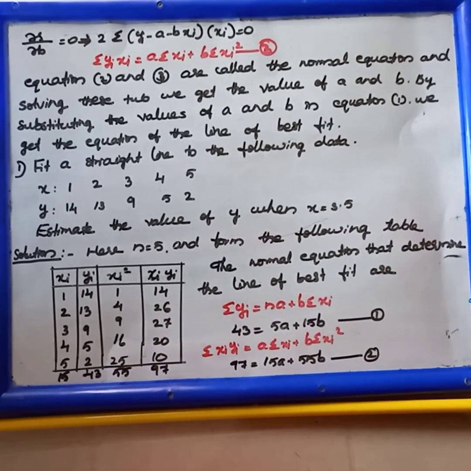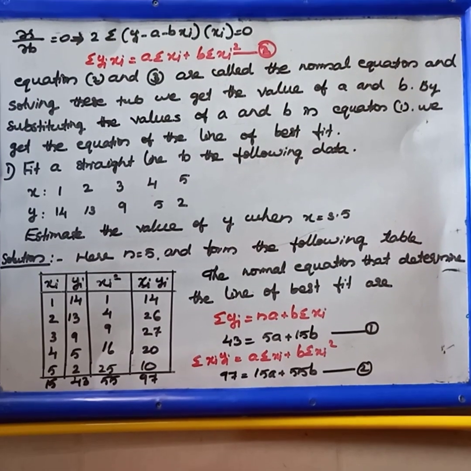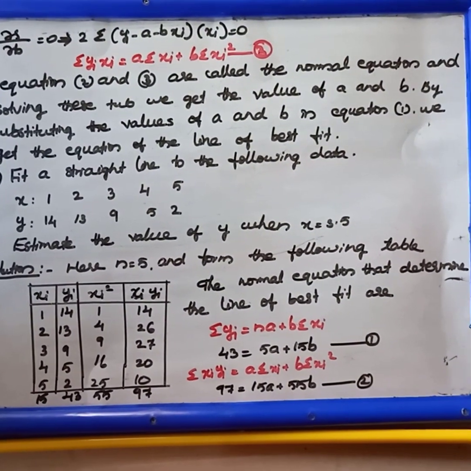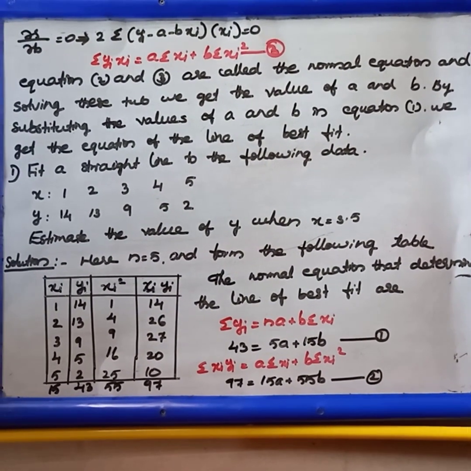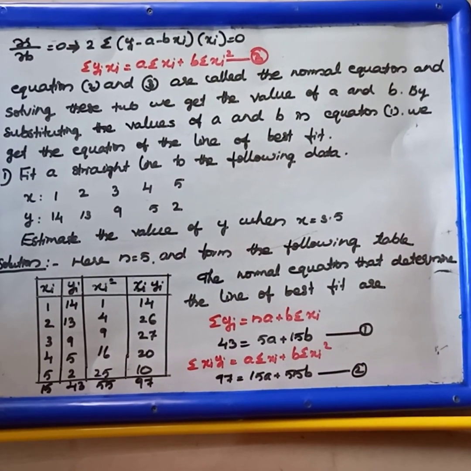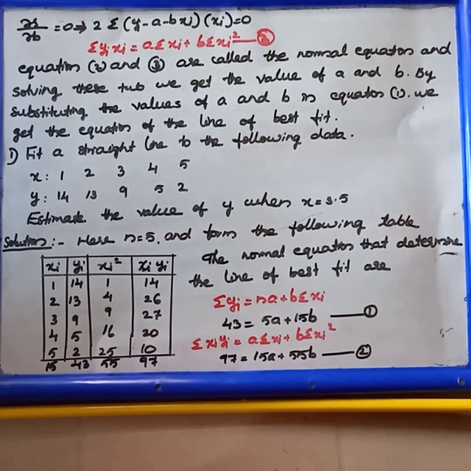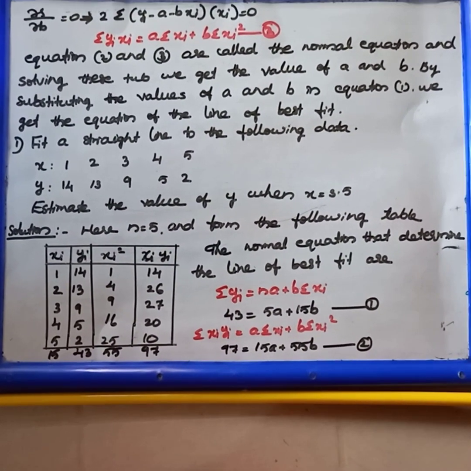Then find the summation of each one. Summation xi is equal to 15. Summation yi is equal to 43. Summation xi square is equal to 55. Summation xi yi is equal to 97. We have the normal equations that determine the line of best fit: summation yi is equal to na plus b into summation xi.